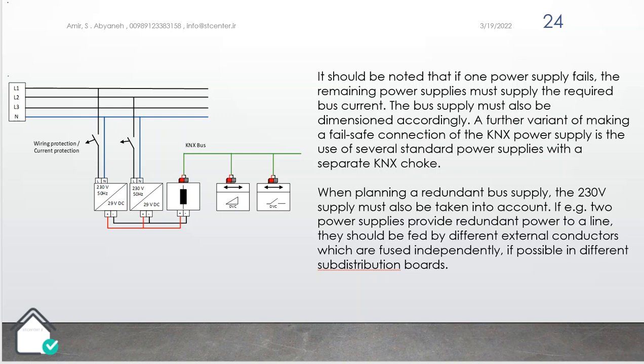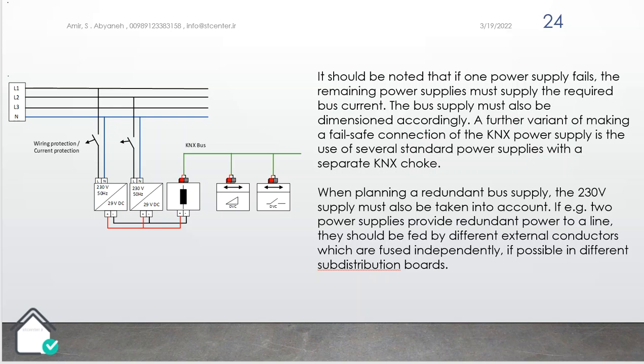It should be noted that if one power supply fails, the remaining power supply must supply the required bus current. Okay, so another important solution from the book is you use two power supply units, and connect each power supply unit with a different phase from the utility.